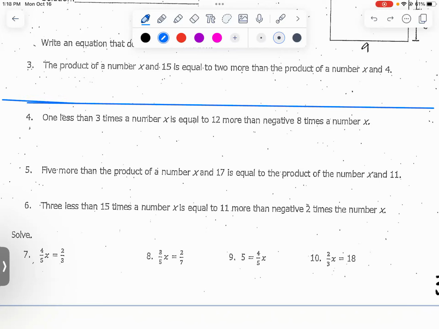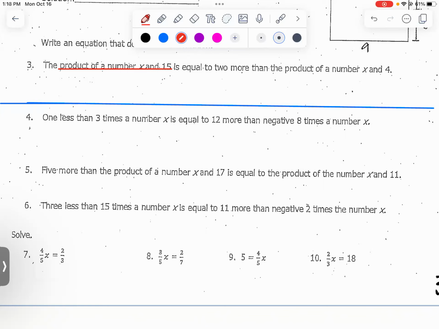Number 3. All right. The product of a number x and 15.